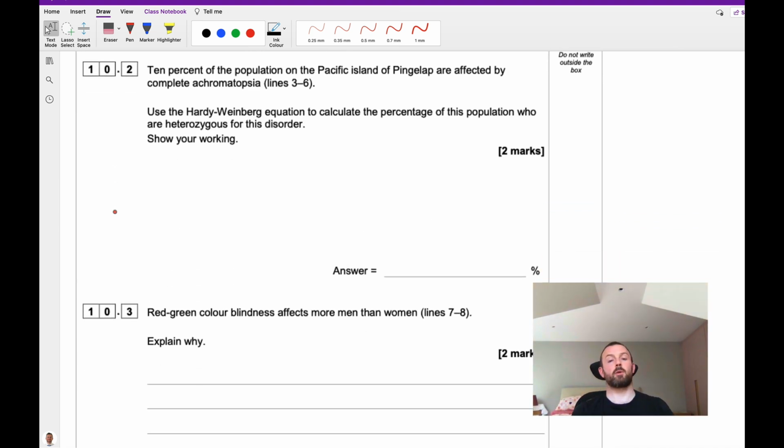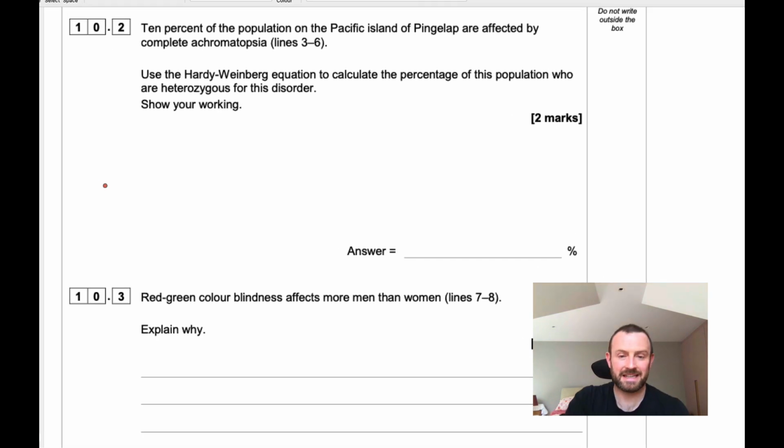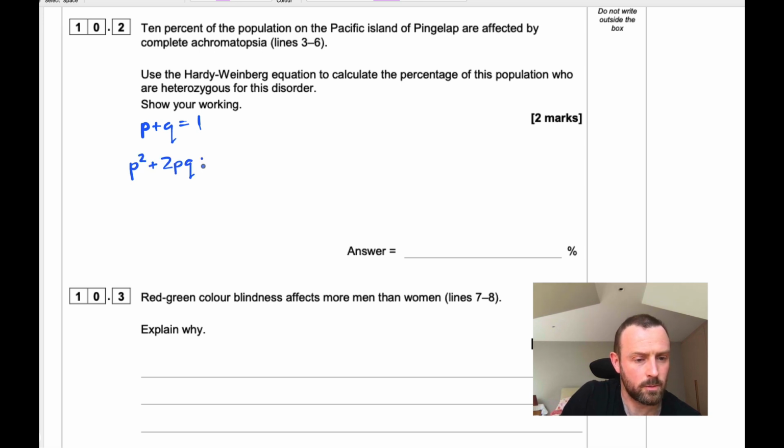10% of the population on the Pacific island of Pingalap are affected by achromatopsia. Use the Hardy-Weinberg equation to calculate the percentage of this population who are heterozygous for the disorder. Okay, so first of all, you need to remember your Hardy-Weinberg equation. So it's p + q = 1, and it's p² + 2pq + q² = 1.